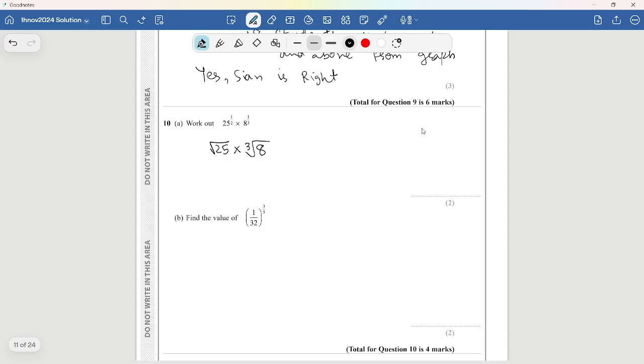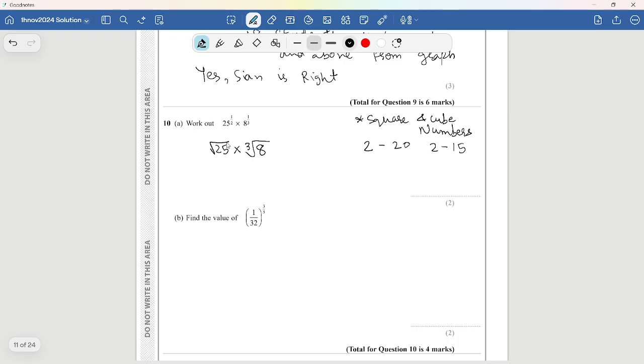As a reminder, I would suggest you remember all square numbers between 2 to 20, and cube numbers you can remember from 2 to 10 or 15. If you remember all these numbers, such calculations in paper 1 will be really handy for you.